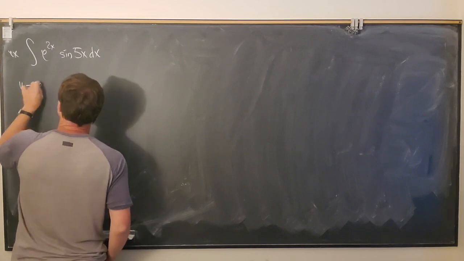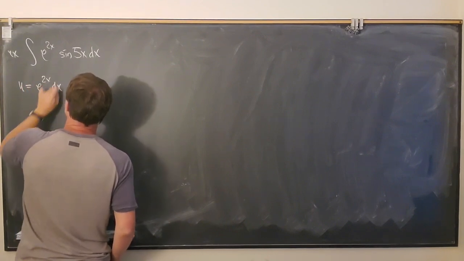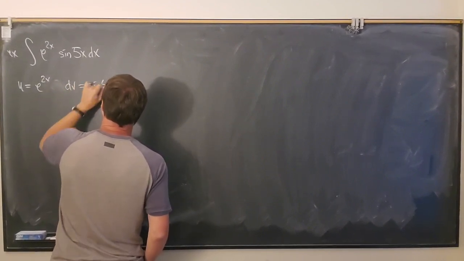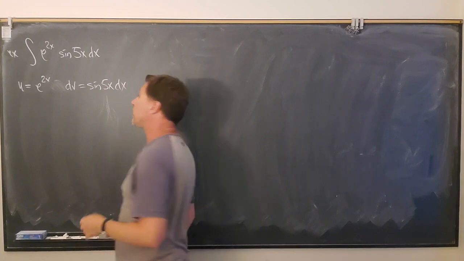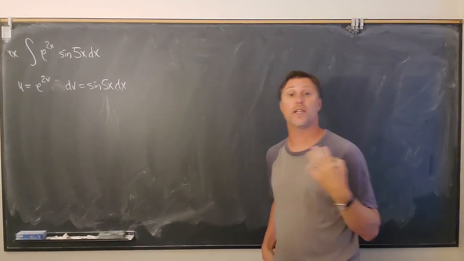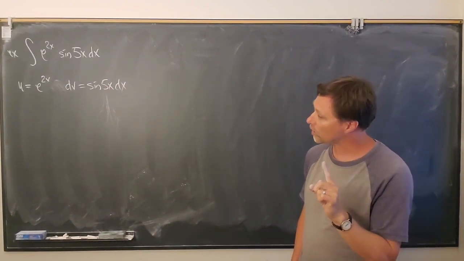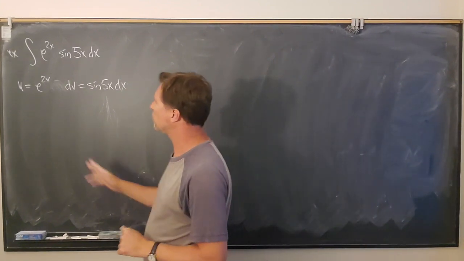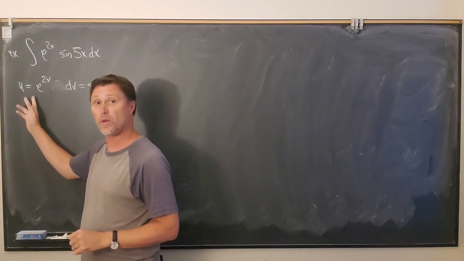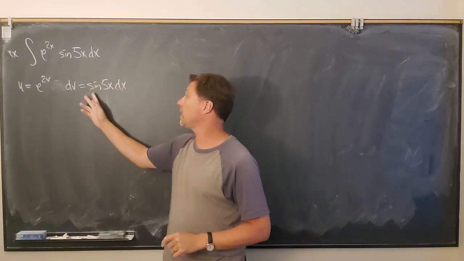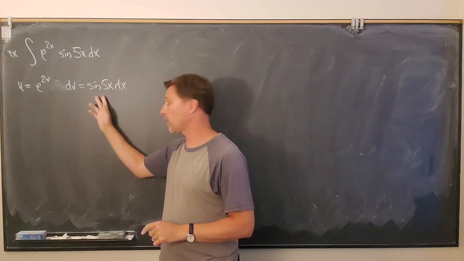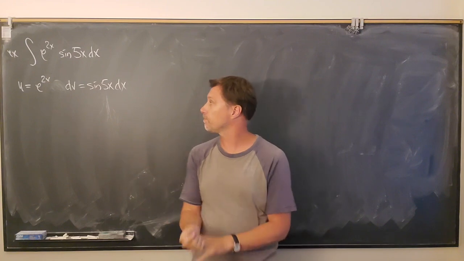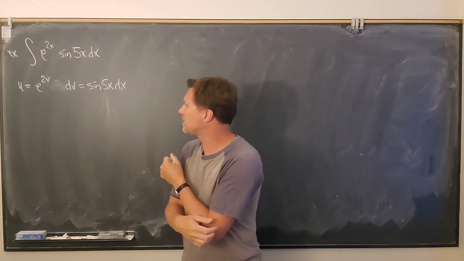Here I'm going to let u equal e to the 2x and dv equal sine 5x dx. When you do integration by parts, you need to choose a u and a dv. It turns out that it doesn't matter which of the two you choose. I always choose u equal to the exponential part and dv equal to the trig part, but it doesn't matter as long as you're consistent, and you'll see what I mean in a second.